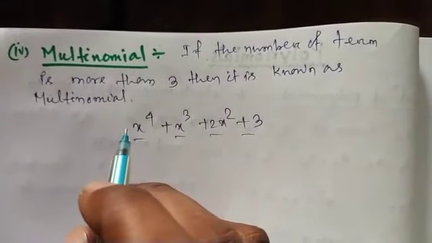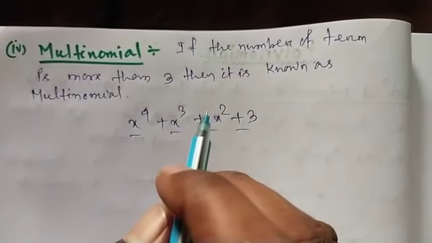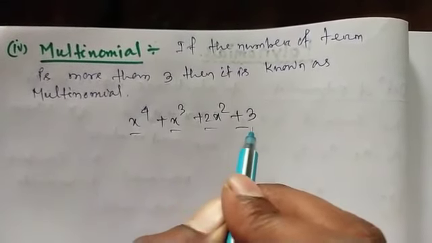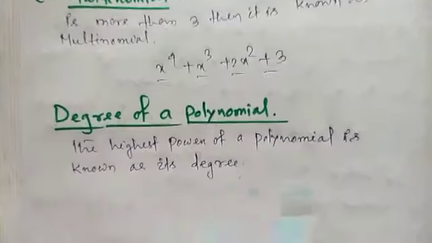So multinomial is if the number of terms is more than 3, then it is known as multinomial. Suppose x4 plus x cube plus 2x square plus 3. Here there are 4 terms, so it is a multinomial.